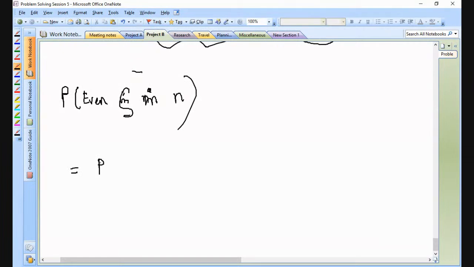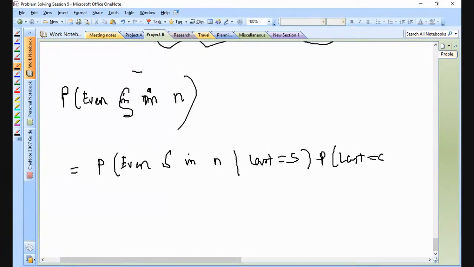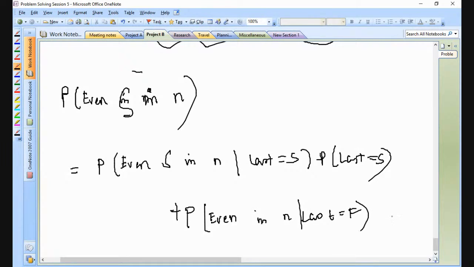It's the probability of even successes in n given last is success, into probability last is success, plus, or it can happen like this, even in n tosses given last is failure, into probability last is failure.